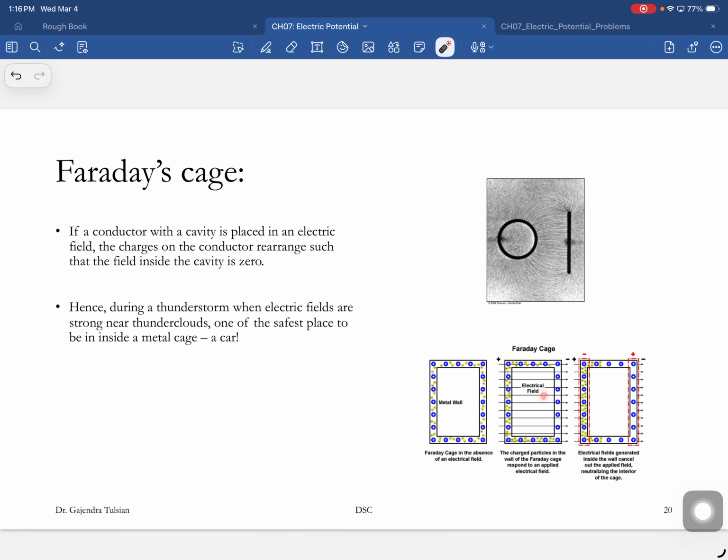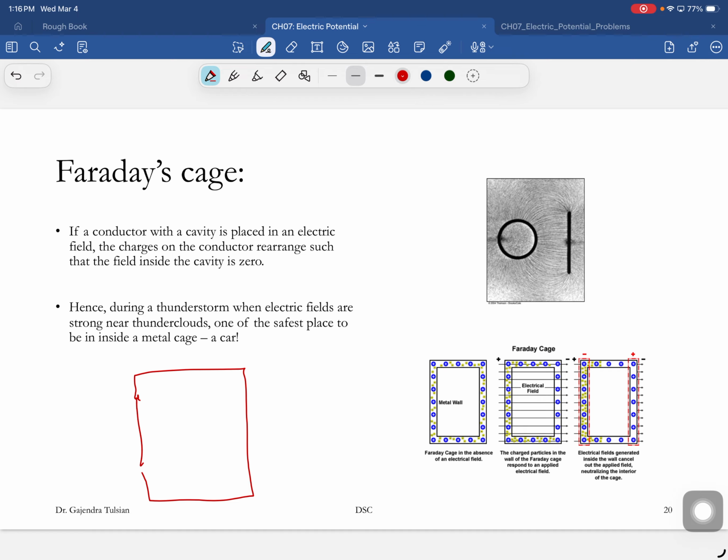We talked about a Faraday's cage. So here's the metal cage. What kind of electric field should you be scared of?